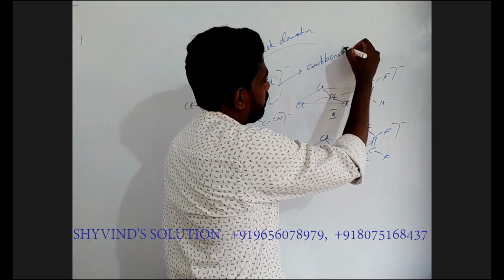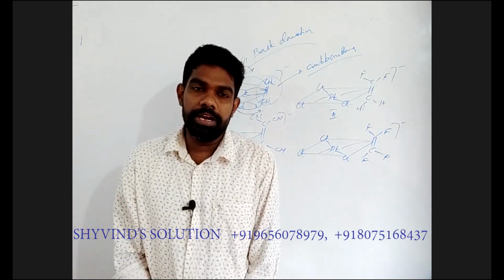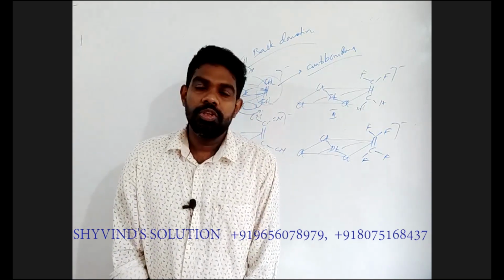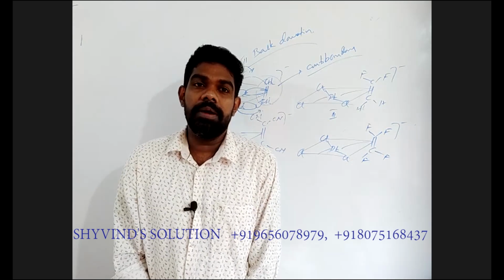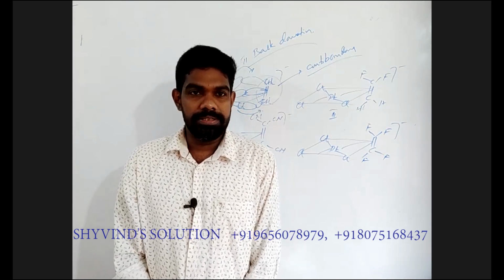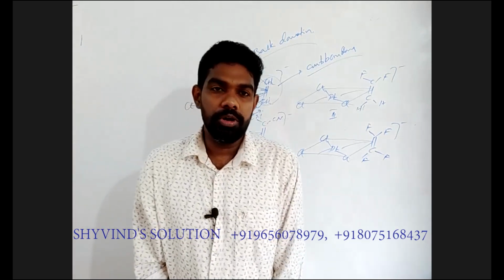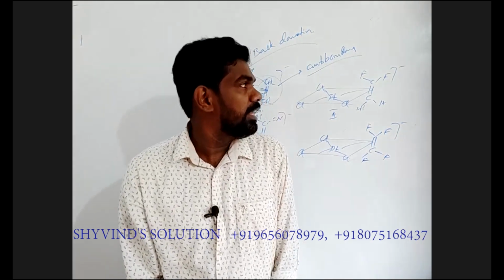Okay, see, the antibonding orbital of C=C is filled by the back donation of electrons from the metal. So if pi back donation increases, what happens? Bond strength decreases. That means bond length increases. Okay, bond strength decreases because the electrons are filled in the antibonding orbitals. Okay, that is the idea.